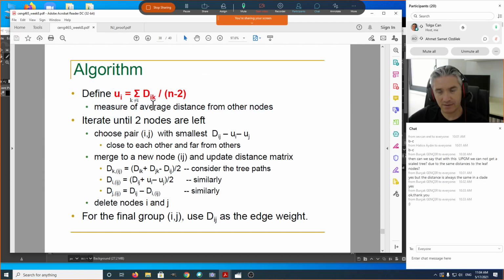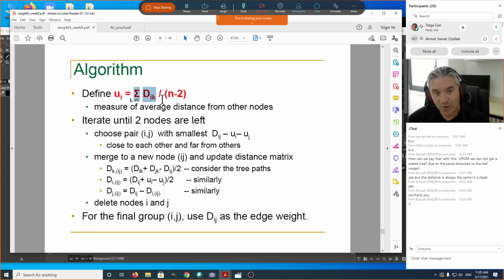In the summation there are exactly n minus 1 terms, because the distance of a particular node i to all the other remaining ones involves n minus 1 other nodes in our matrix. So you sum n minus 1 items.